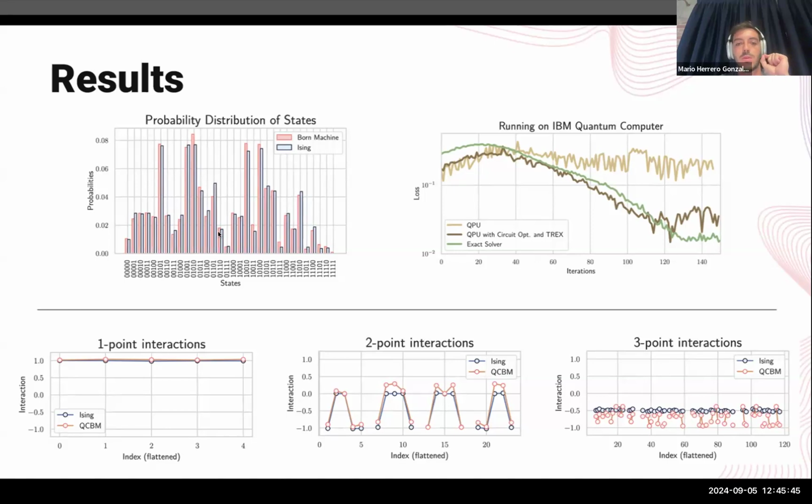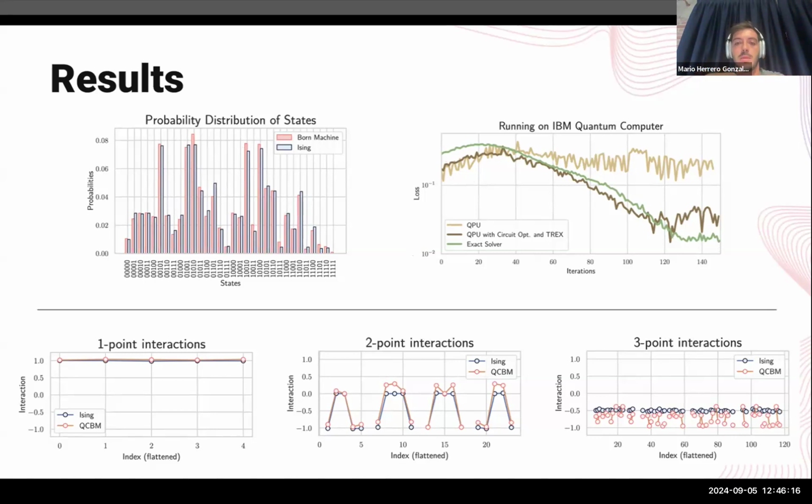So once we have obtained the parameters that we know minimize our function, they match up with the blue one, which is our ground truth or our Ising model. Now here on the right, we have an exact solution. What do I mean by exact solution? We mean we have simulated it, leaving a lot of time, for example, on my laptop or a cluster to run. And this is an exact solution because the quantum computer actually has noise.